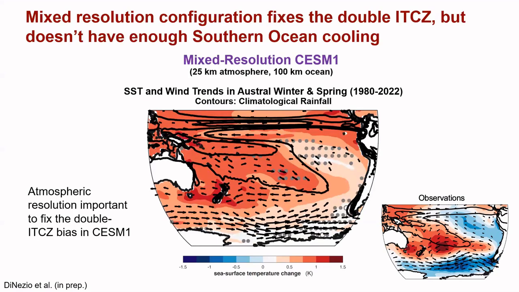Interestingly, CSM has also run a mixed resolution ensemble, and I think this is really important for understanding why it has these improvements. So this is showing CSM run with a 25-kilometer atmosphere and 100-kilometer ocean. So then the ocean is kept at the low resolution, only the atmospheric resolution is increased. The ITCZ is still gone. You have a little bit of this SST trend pattern.